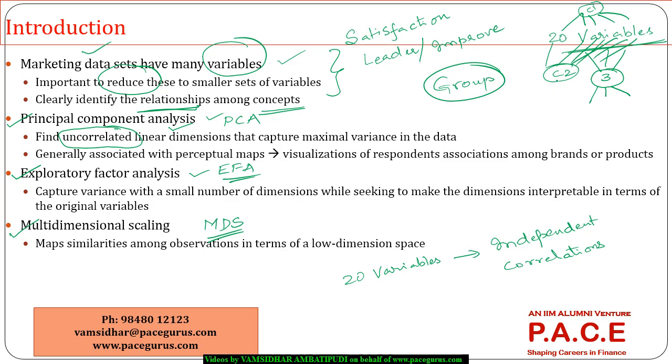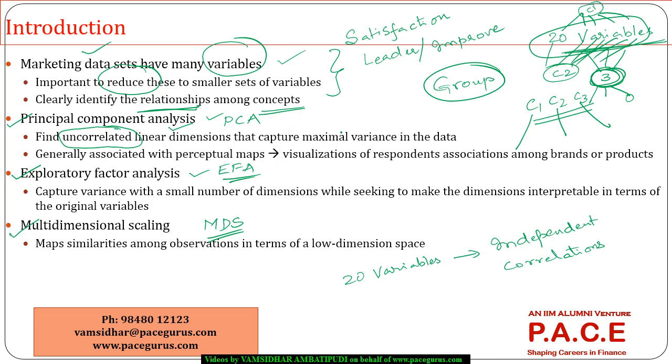Like this, a few components, say 3 components, would be formed in such a way that the correlation between C1, C2, C3 is literally 0. C1 is some linear combination of these 20 variables, C2 is another combination, and C3 is another combination of the 20 variables.